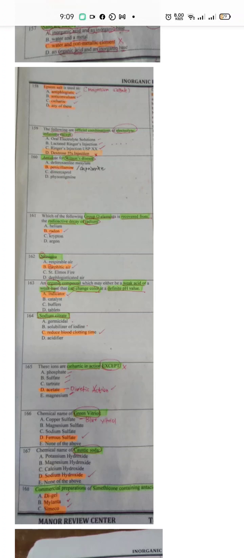Number 159. The following are official combinations of electrolyte infusions except your dextrose 5% injection. Take note, your Ringer solution is combination of sodium chloride, potassium chloride, and calcium chloride.